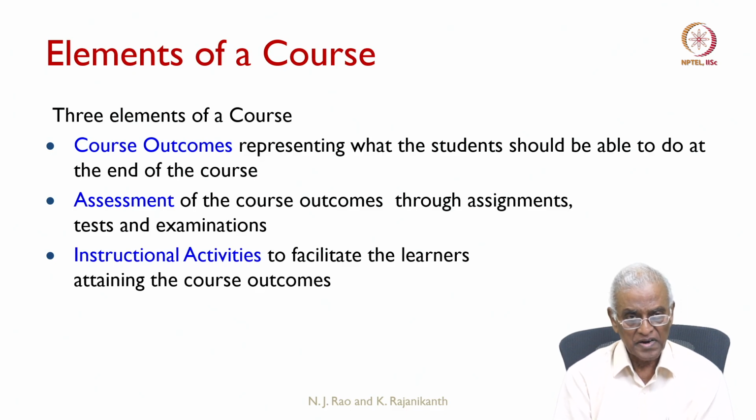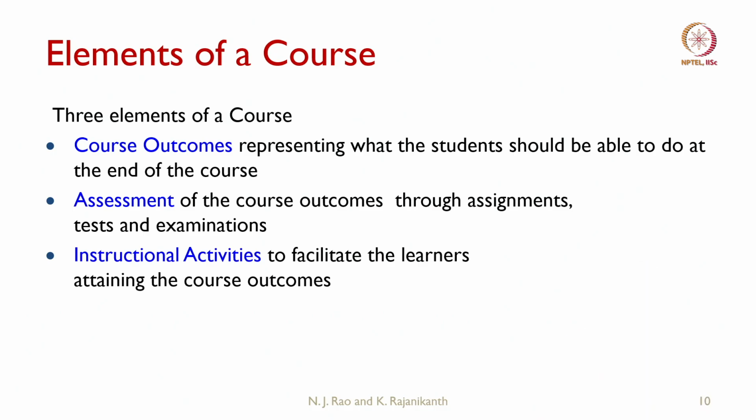I defined them, but did the student really learn enough to attain them? That is generally tested by the assessment that you have. And this assessment of the course outcomes is through assignments, tests and examinations. That is the second important element of a course: outcomes and assessment.